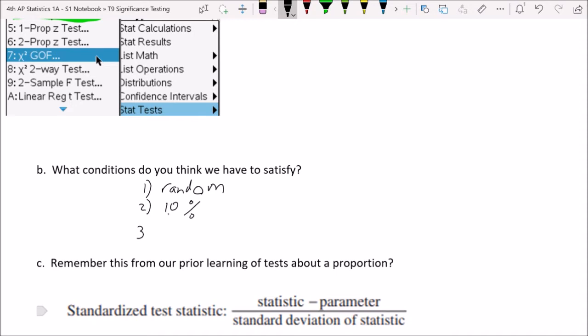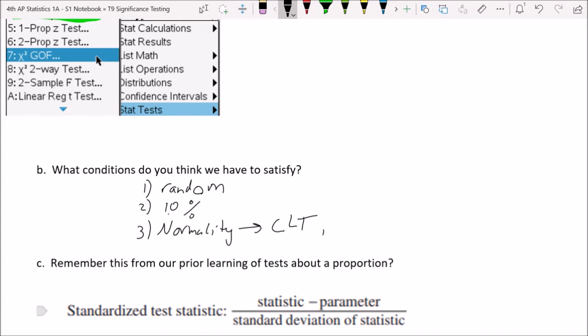And remember, there's a few ways that could happen. They could tell us. It could be satisfied with the central limit theorem. That's my personal favorite. Or it could be that we see no skew or outliers in our sample. So those are the things we're going to look for.